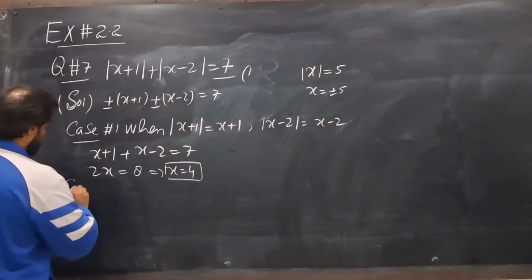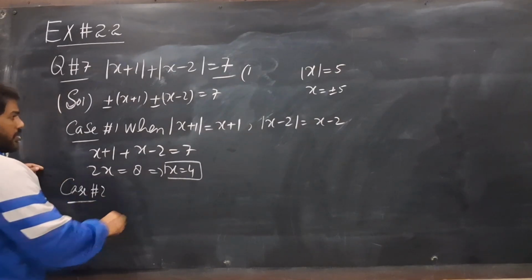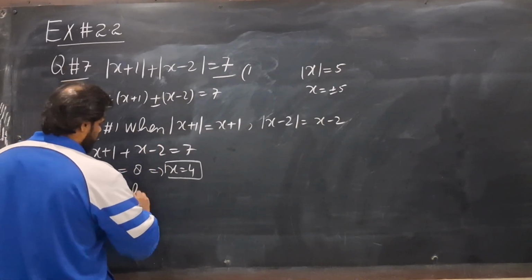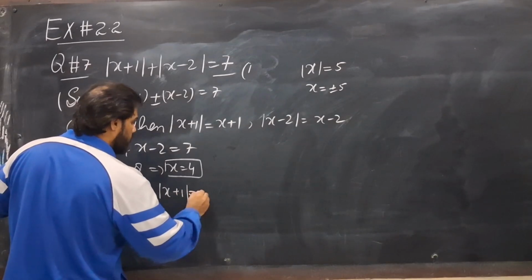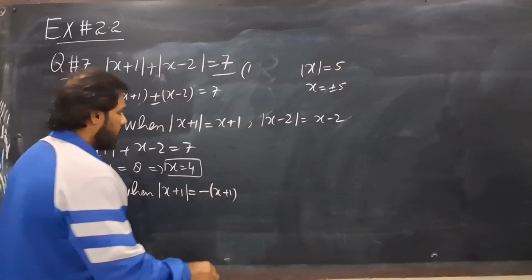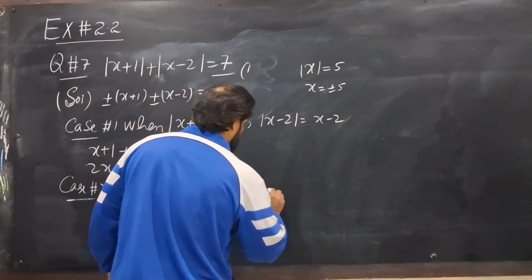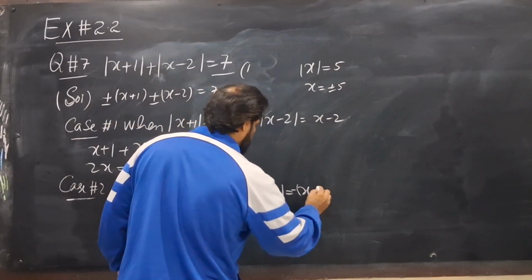Case number 2. When x plus 1 is negative, that is, its absolute value is negative x plus 1, and similarly the value of x minus 2 is also negative, so its absolute value is minus x minus 2.